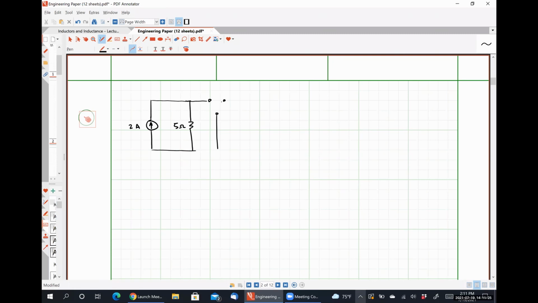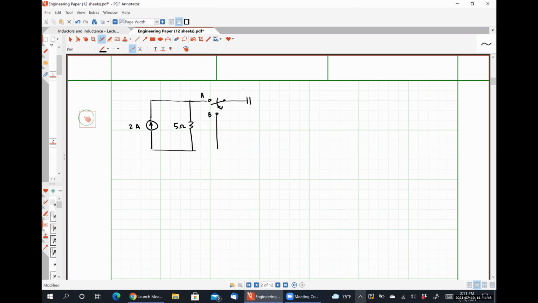And then we have a switch, which is initially connected at point A but at t equal to 0 gets connected to terminal B. Then we have some capacitor.